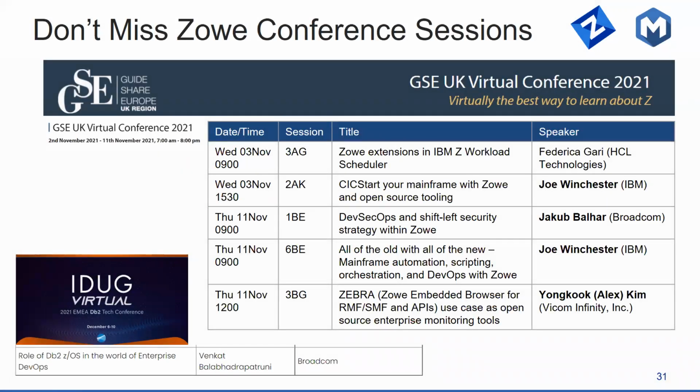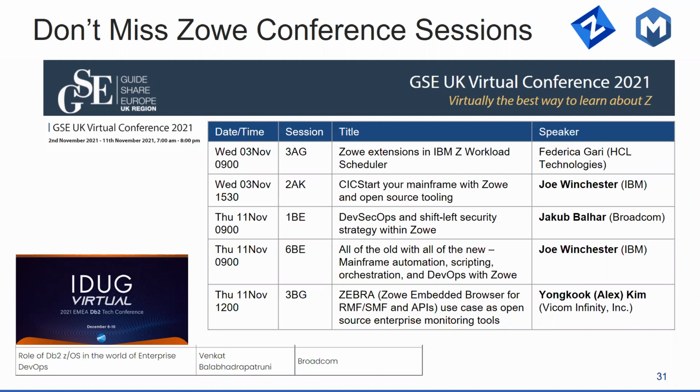For upcoming conference sessions where you may be able to learn more about Zoe and how consumers are leveraging Zoe, we have GSE UK, Guide Share Europe, happening on November 2nd through the 11th. We have several Zoe speakers there, including Joe Winchester and Jakob Baller from the TSC.